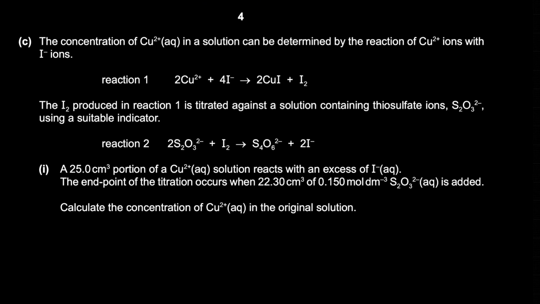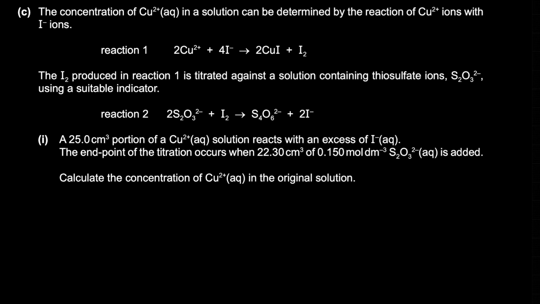All right. The concentration of copper 2 plus in a solution can be determined by the reaction of copper 2 plus ions with iodide ions. So here copper 2 plus ions are reacting with iodide ions to form copper 1 iodide and iodine. The iodine produced in this reaction is titrated against a solution containing thiosulfate ions using a suitable indicator.